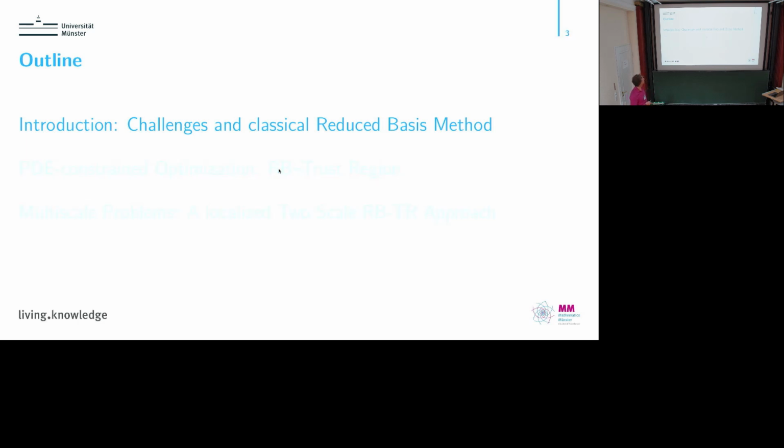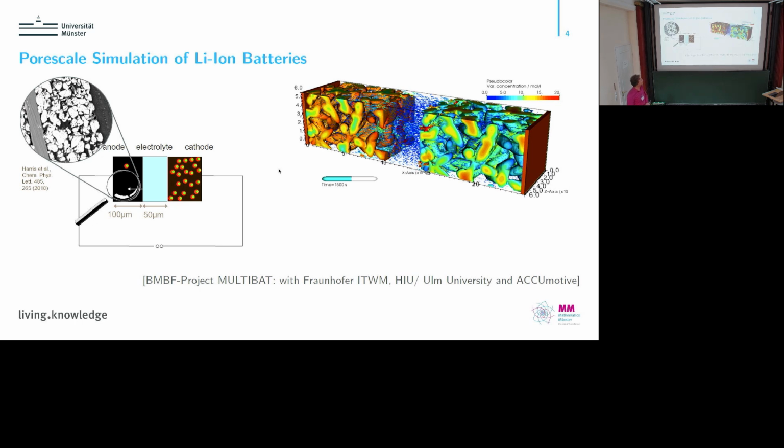So let's go into challenges. I give you some background of projects that we were doing in the past years. This is already some years ago, where we worked in a project with different universities and groups on battery simulation, and in that project it was resolved, which means that in the electrode you have these porous materials, and we actually did some high-resolution scans of these electrodes and did simulations in the pore geometry, because in these projects we were looking at degradation modeling.